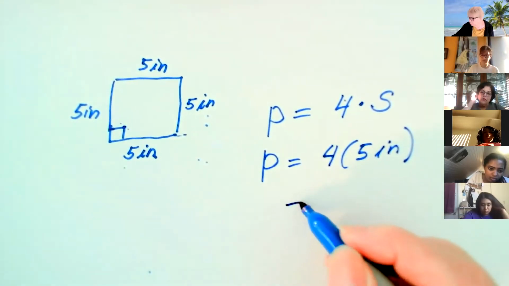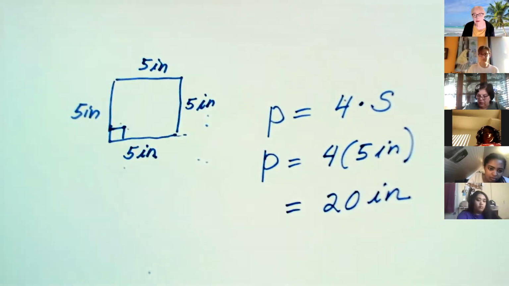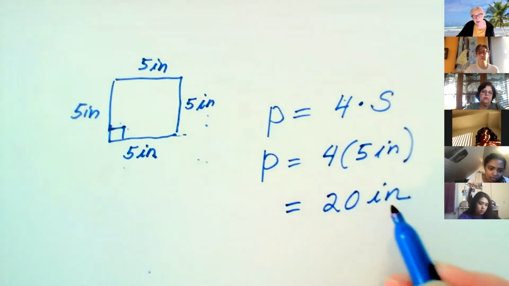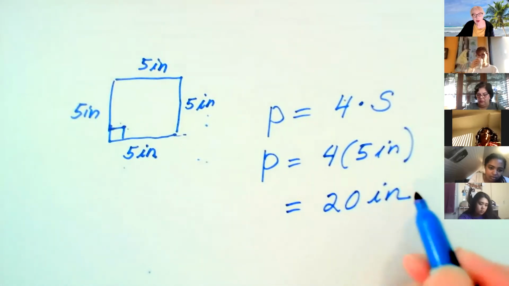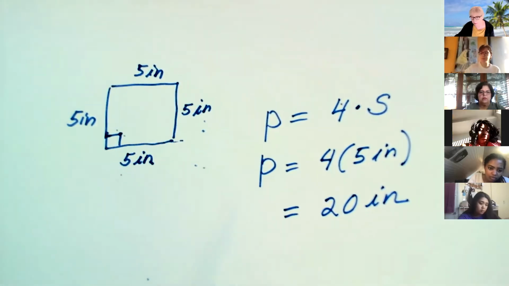So the perimeter is 20, and since I called it inches, it would be 20 inches. We want to start putting in the correct unit. Because it's perimeter, it will not have square or anything like that on it. It will be just plain.